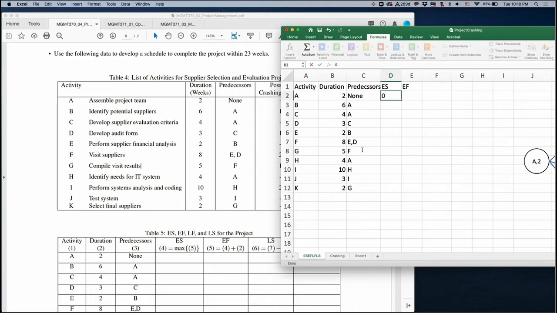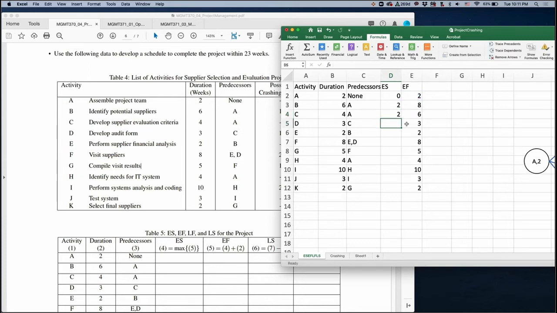For C, you have to finish A, then you can start. For D, you have to finish C, then you can start. For E, you have to finish B first. You have to look at the predecessor. How about F? In the F case, you have to finish both of them. That means you have to take the maximum of E and D.